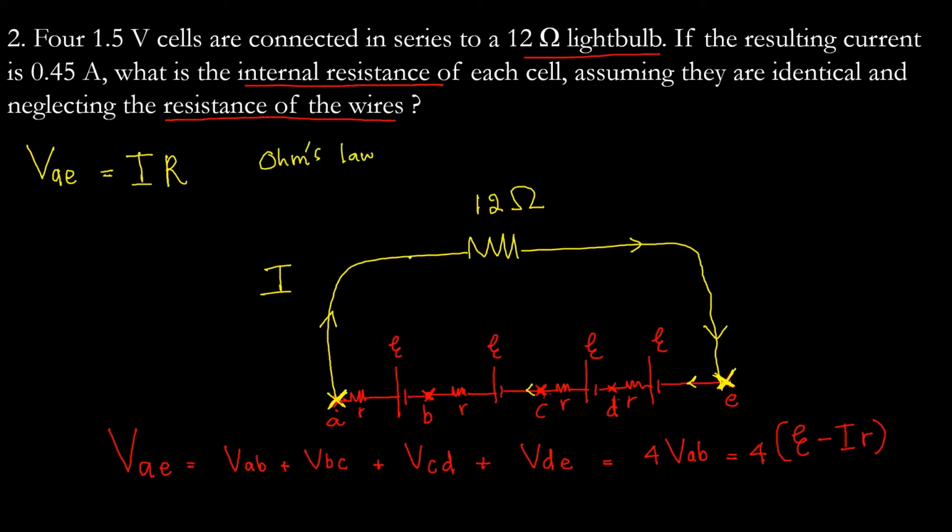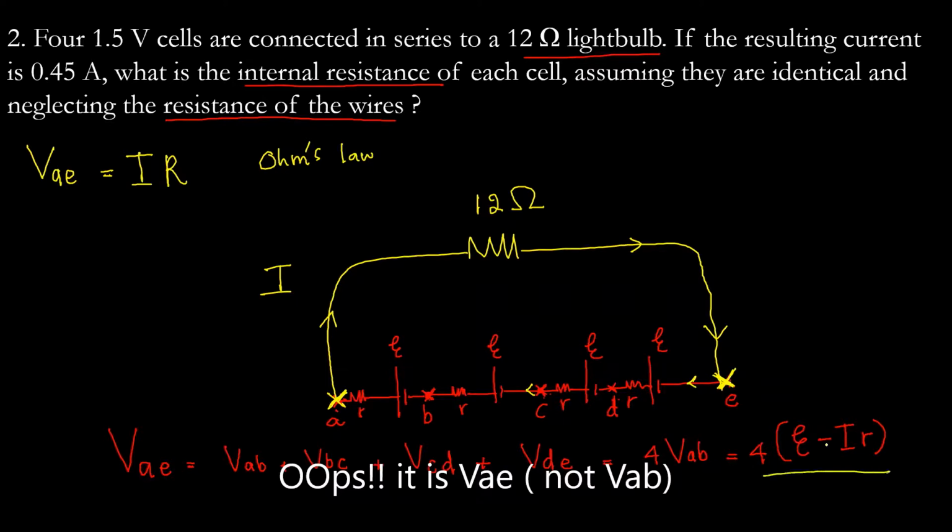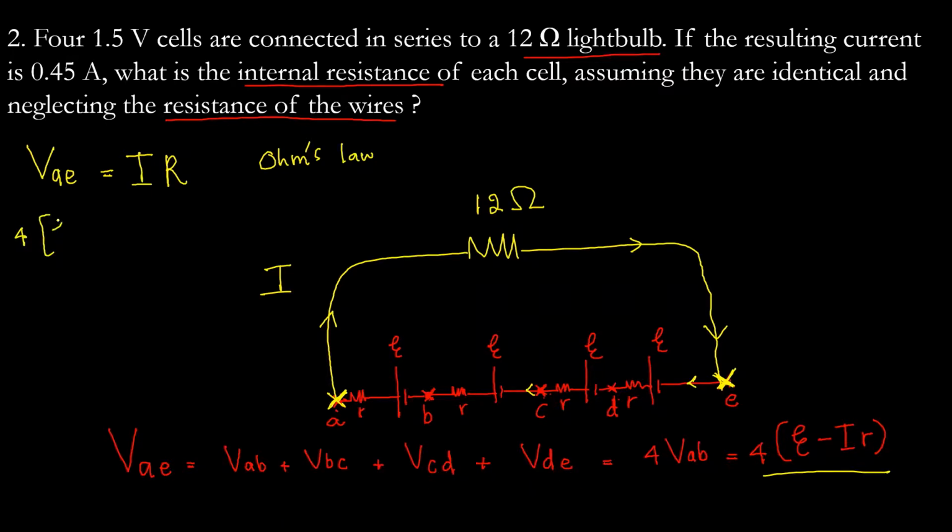Ohm's law gives you the voltage drop across a resistor. So the voltage drop across this 12 ohm resistor is VAB. VAB is equal to I times this resistor. So VAB we just found out is equal to 4 times the EMF minus I times the internal resistance.